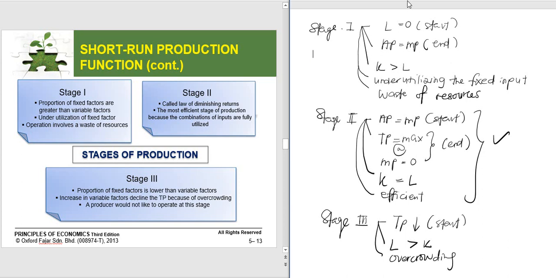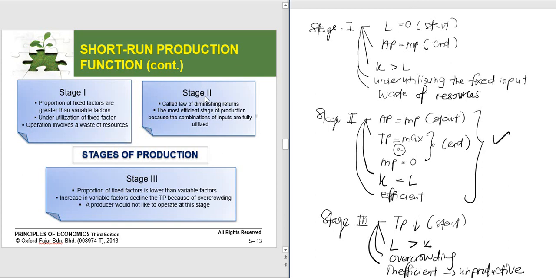Overcrowding is inefficient. It will cause unproductivity. The labor will no longer be productive. So this is not a good stage of production, and producers should not produce at this stage.